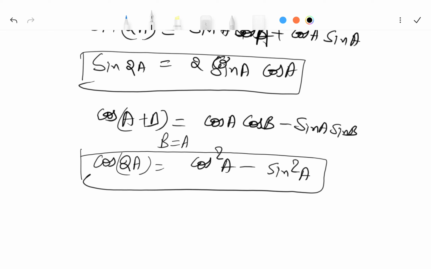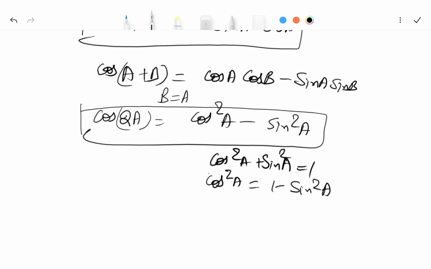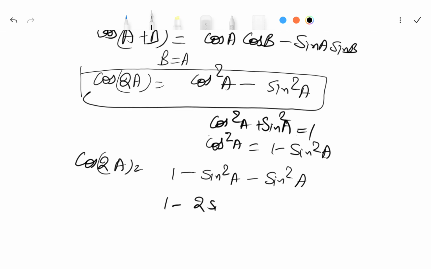I can substitute cos square A plus sin square A equal to 1. Just substitute cos square A equal to 1 minus sin square A, and I will get cos 2A equal to 1 minus 2 sin square A. This is another formula for cos 2A.